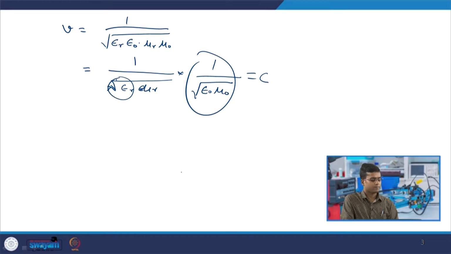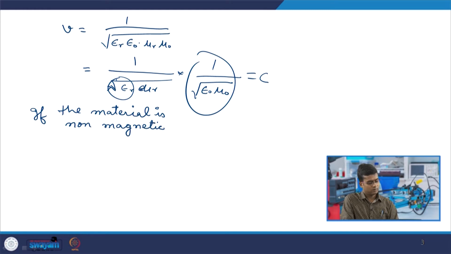If the material is non-magnetic, mu r is equal to 1. Basically, mu becomes equal to mu naught.